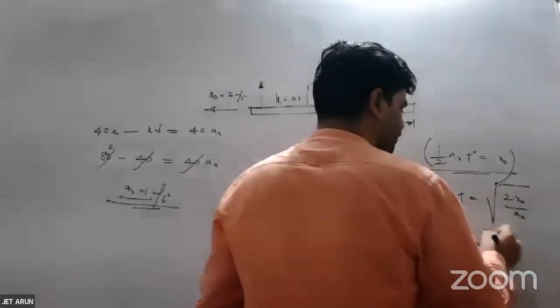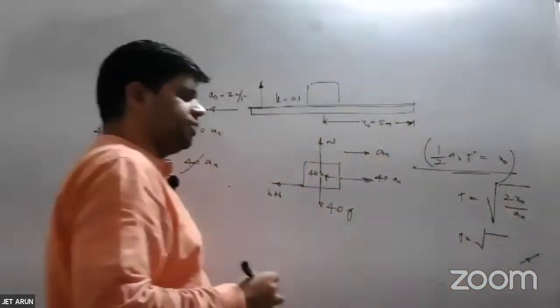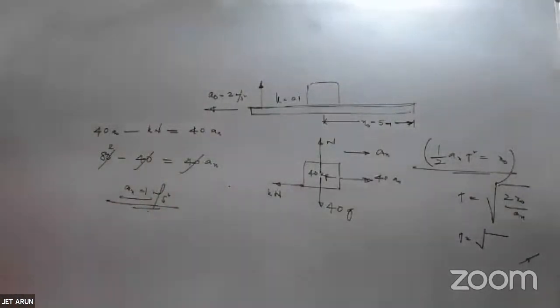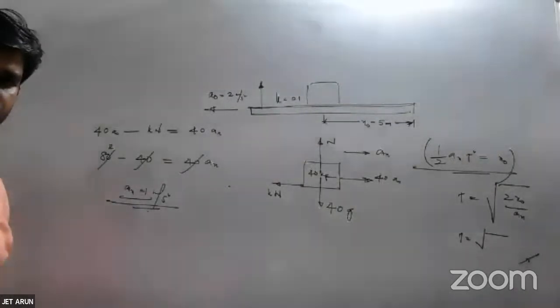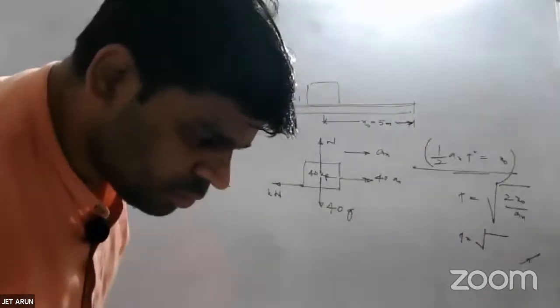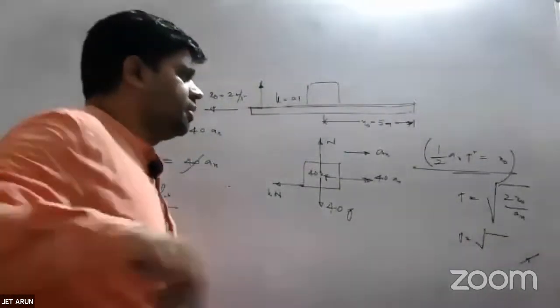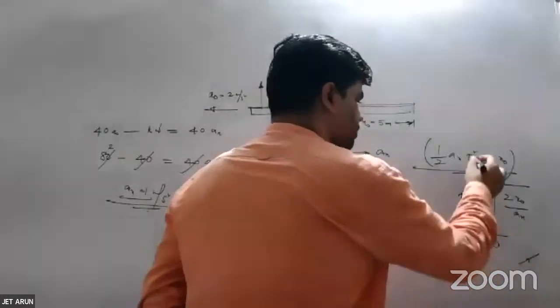So t is equal to root of, tell me the final value. Root 10. Yeah, that's right. Root 10. But do you get why I applied this equation?